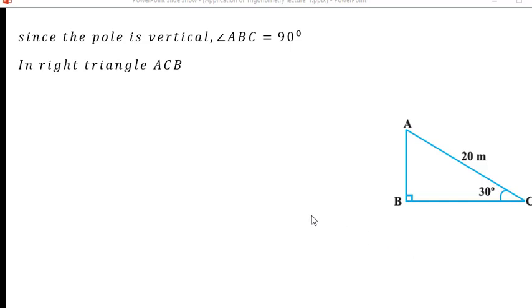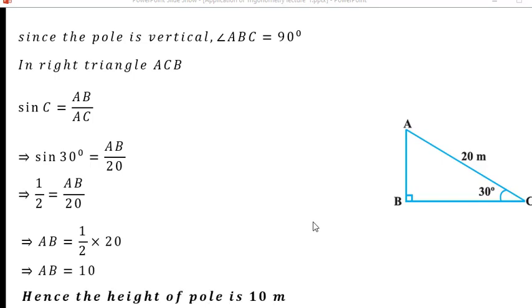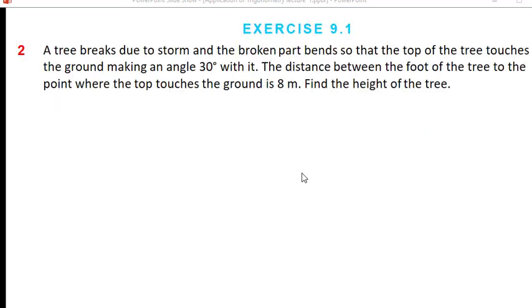You have to consider right angle triangle ACB. In right angle triangle ACB, we use sine of angle C and we solve it. So after solution, we get the value of AB, which is 10. So we will say that the height of pole is 10 meter. Now let us go to the next problem.